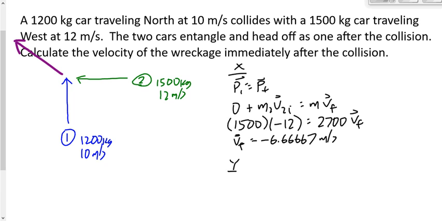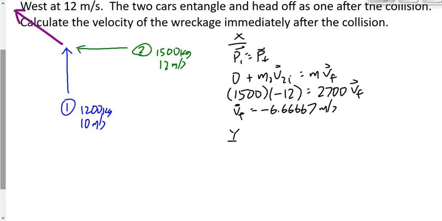Now the Y component, once again, PI equals PF. The momentum of object 1 is M1 V1I. 1,200 times 10, right? Harrison, what's the momentum of object 2 for the Y component? 0, because it's all on the x-axis, right?